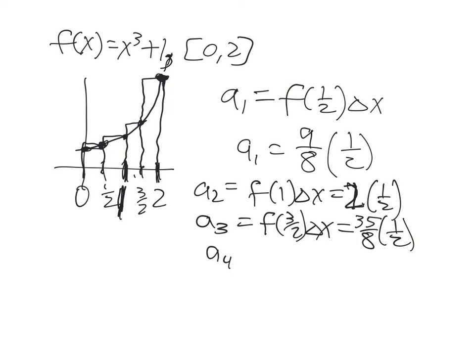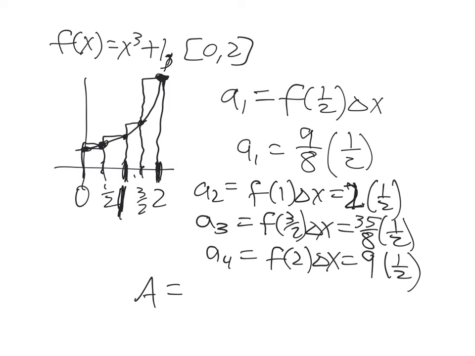And then finally, the fourth one, the calculation we haven't used yet, the right end of our interval, f of 2. We already knew that one though, 9 times the width. So add those up, and what do we get? 33/4, or 8.25.